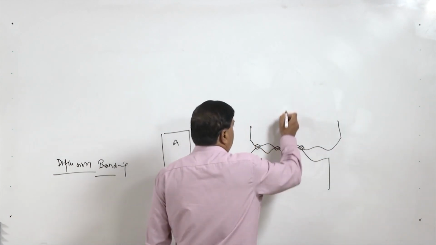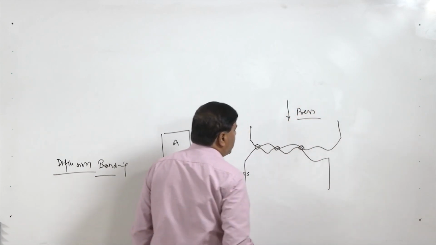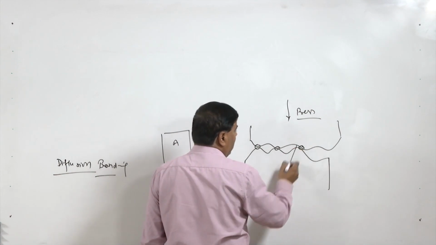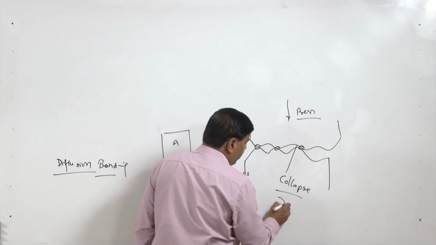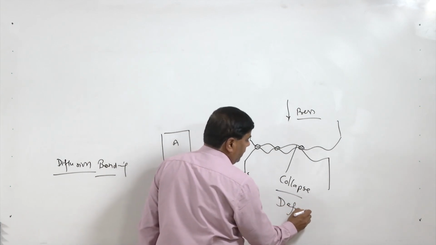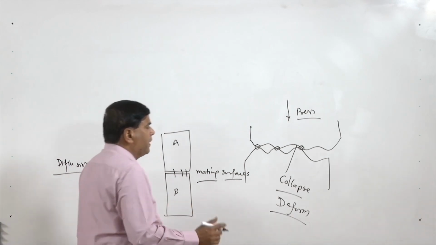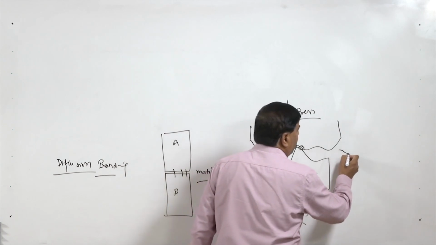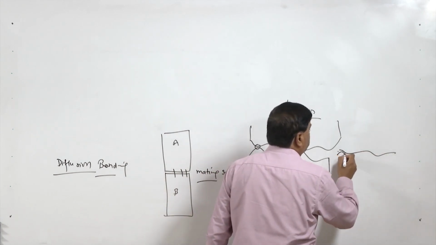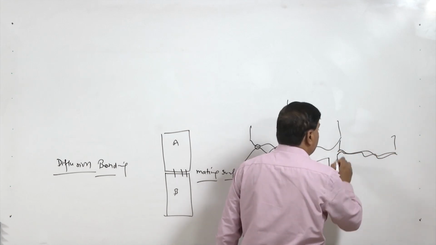So, when the pressure is applied initially, application of pressure will collapse or deform all the asperities, peaks and valleys, so that by the plastic deformation things come closer and we will see that the two sides have really come closer and the gap is left here and there.